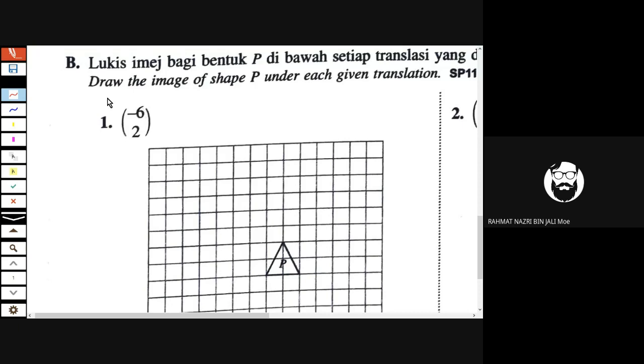So 6 boxes to the left and positive 2 here means 2 boxes upward. This is 6 boxes to the left, sebab negatif.